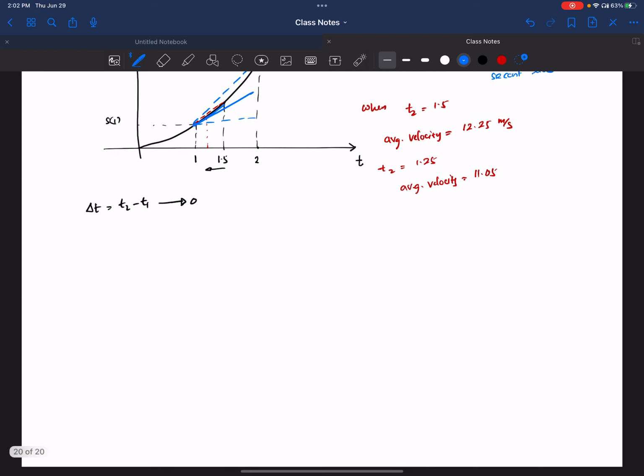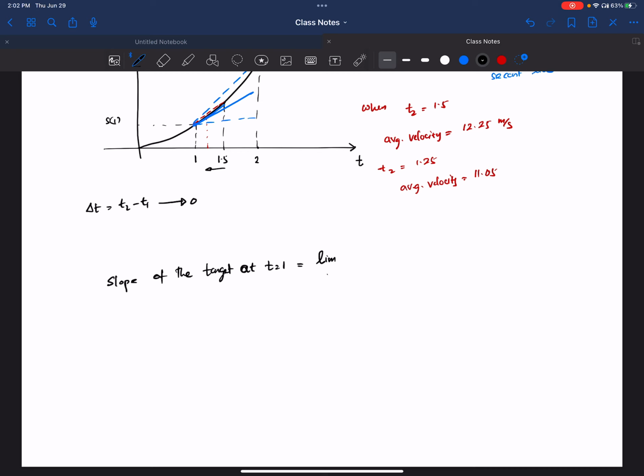So the slope of the tangent at t1, or at t equals 1, would become a limit.